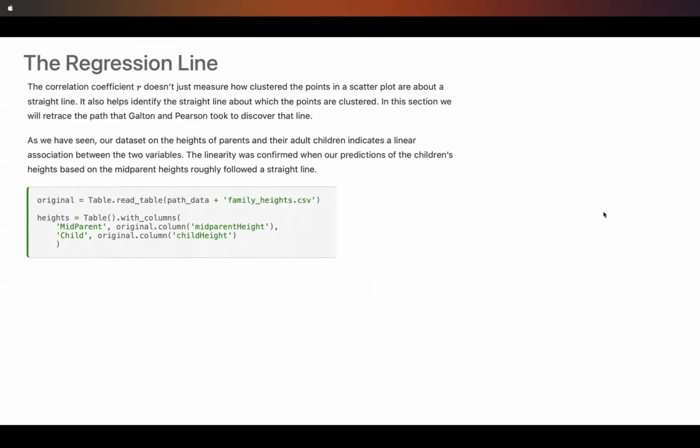Make sure to import your useful libraries. We are on family heights.